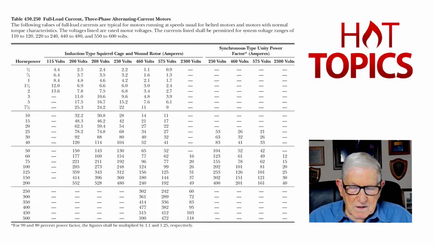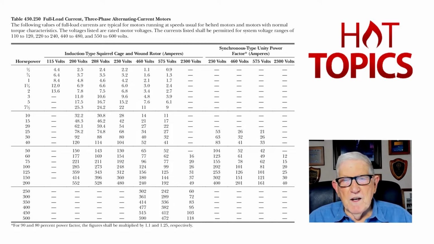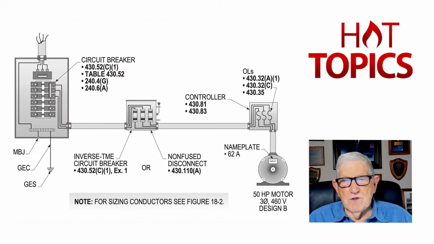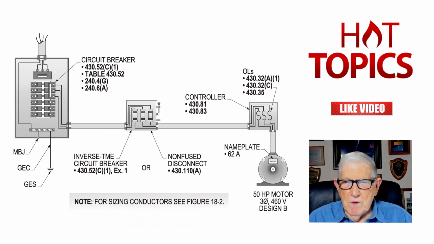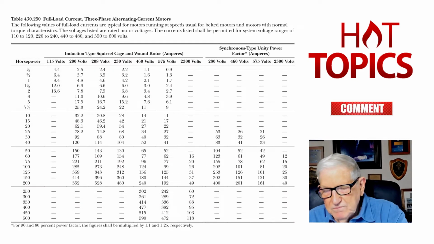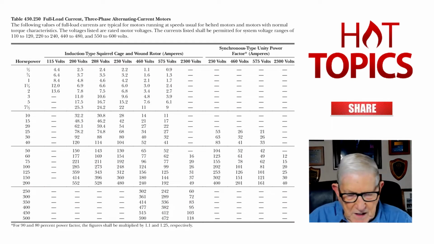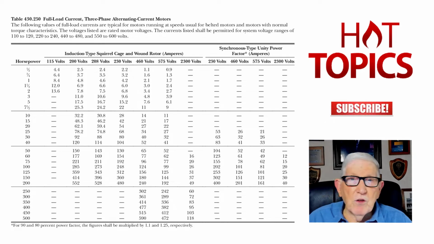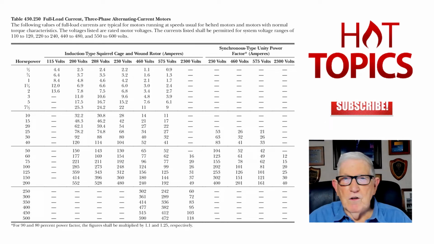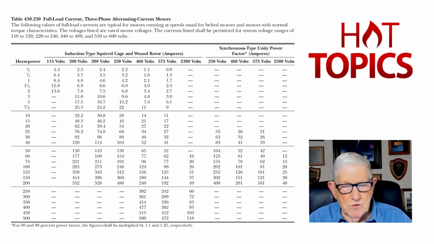But now the first current we would find is in the illustration that you see. Its nameplate is 62 amps, for this 50 horse, 460 volt, three-phase motor. That's current 1. Now current 2, we would find the table current, so we would naturally go over to about page 333, and of course you're very familiar with this table, you motor folks.